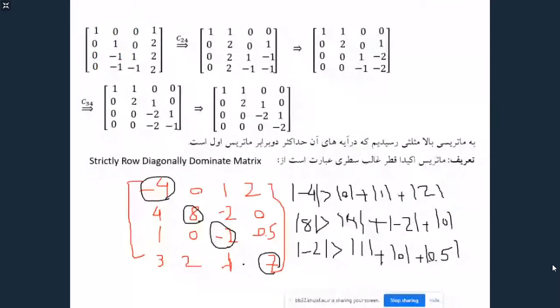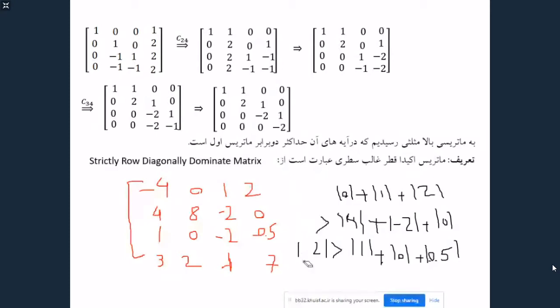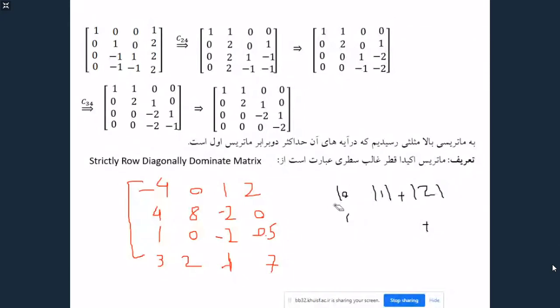Also, if you consider this example, you find it's not strictly column diagonally dominant.